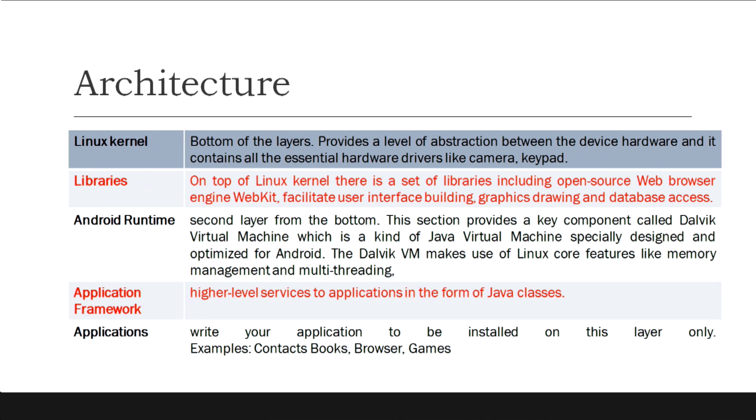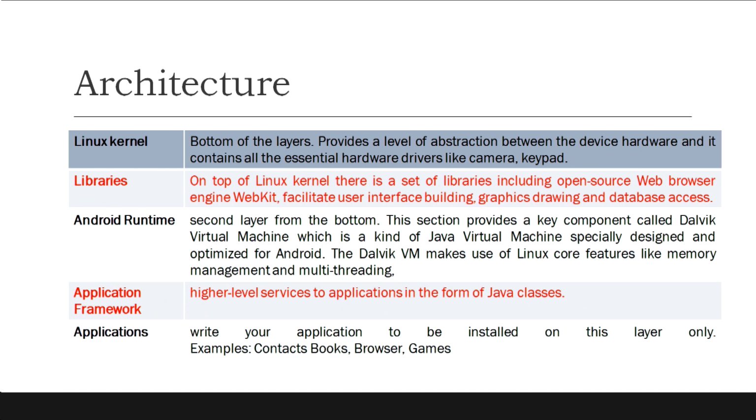And the next layer is the Android runtime. The Android runtime provides a Dalvik virtual machine, which is a part of the Java programming language, to manage memory as well as multi-threading. The application framework provides a wide variety of services which help the use of Java classes.